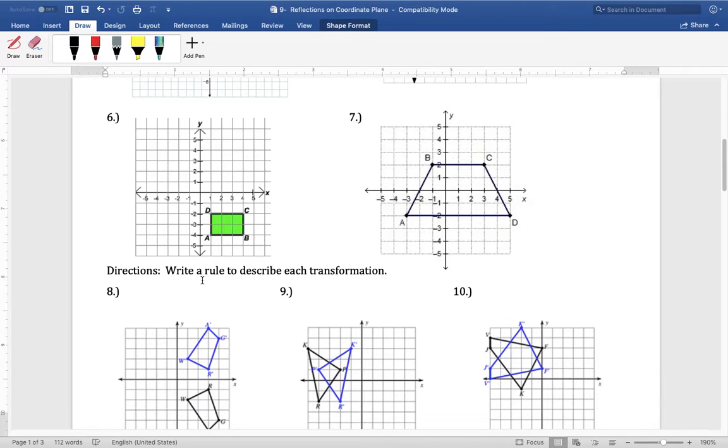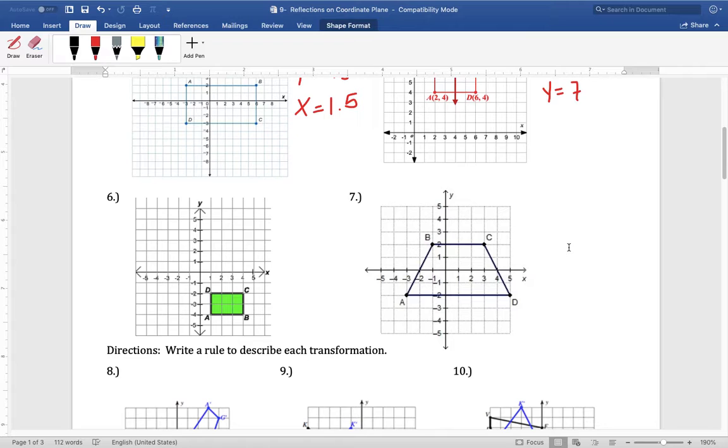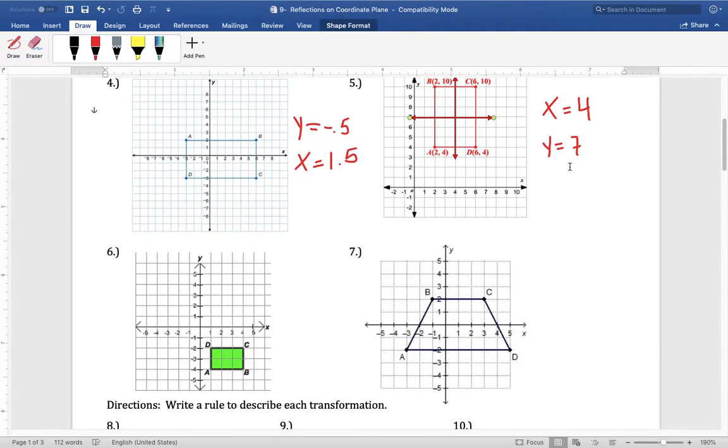Another rectangle question. We've got 2 more lines that would work here. Looks like we'd get this vertical line, and we'd have this horizontal line here.